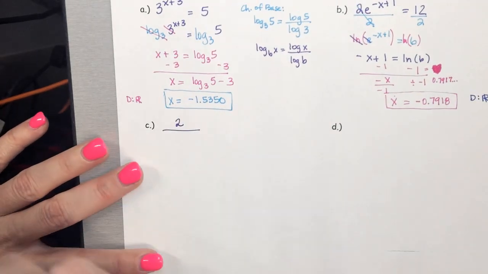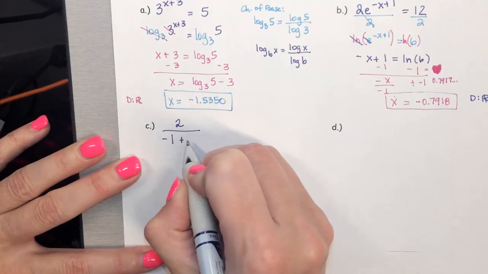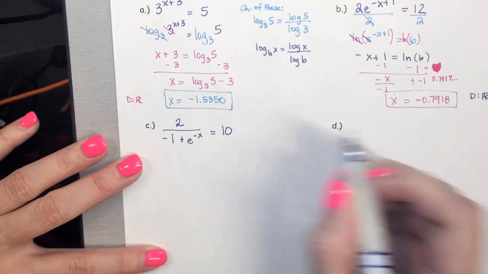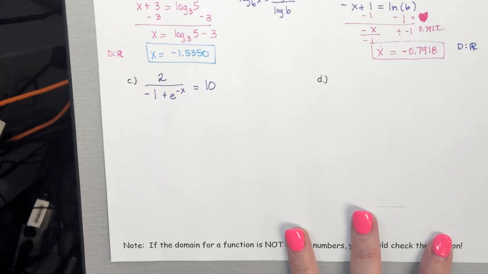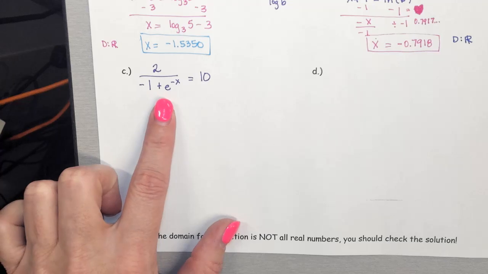All right, now for C, we have 2 divided by negative 1 plus e to the negative x equals 10. This one, your domain is not all real numbers because you do have a fraction, and we know in a fraction, you can't have the value of 0.